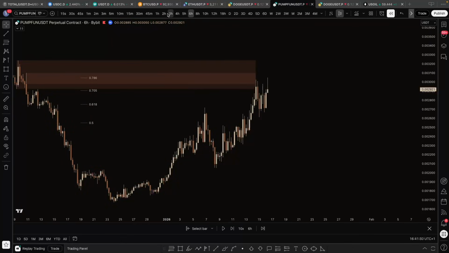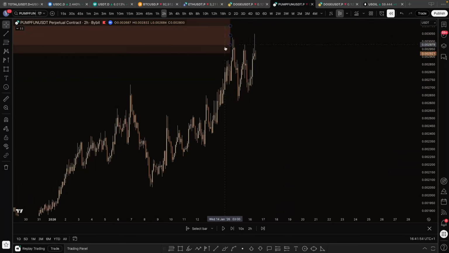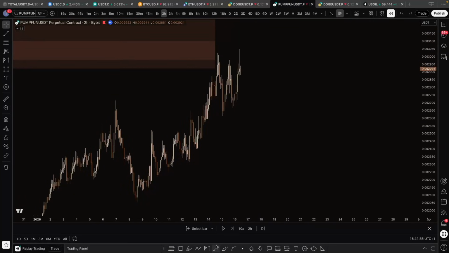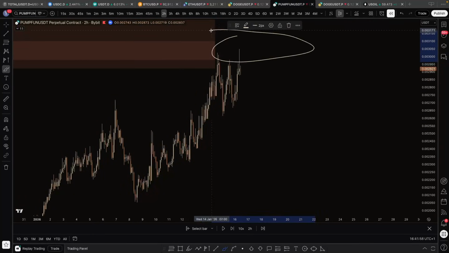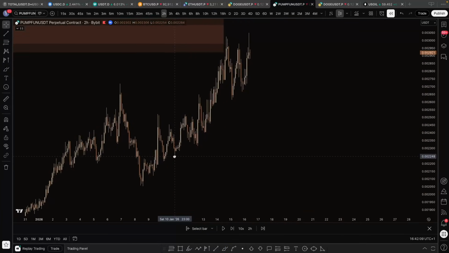And before that, something interesting happened as well, because we now know there can a rejection take place because we're in supply plus that Fibonacci level, and you had price going higher with higher lows, higher highs right there, leaving liquidity behind. And as a bonus, this was weekend liquidity. So what do you see here?